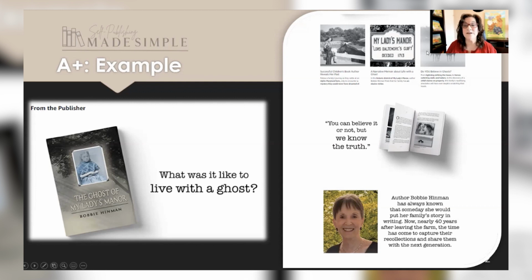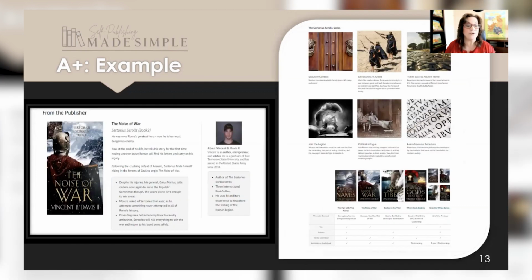She's got some personal images here, and then a couple things she just grabbed from the internet that showed some of the area that these things happened. And just a little tagline, you can believe or not, but we know the truth, and a little information about the author. This is my type of thing, the paranormal kind of true stories, then I would be jumping at clicking that buy button. And that's really what we're trying to move forward with.